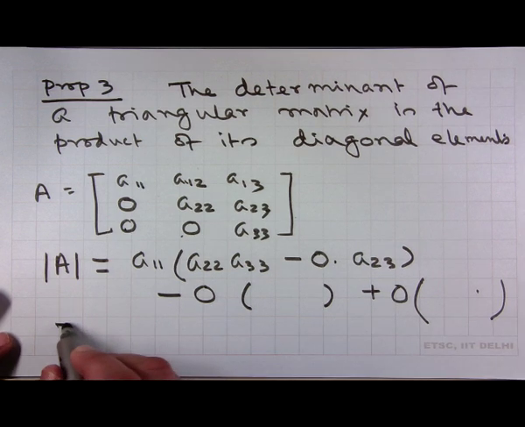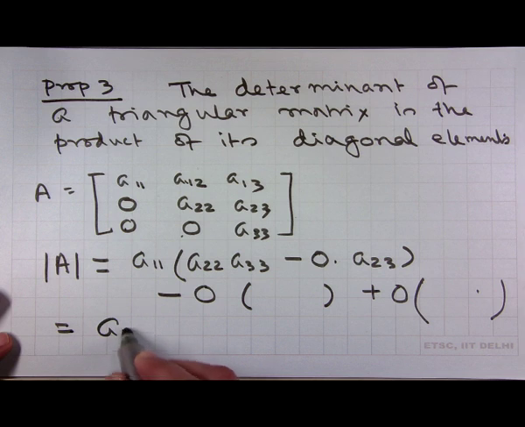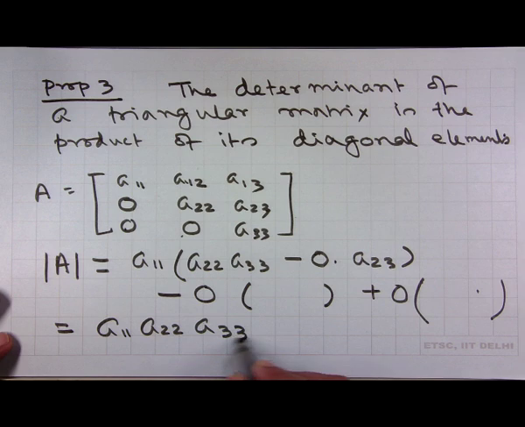Therefore, what we are left with is a11, a22, a33.